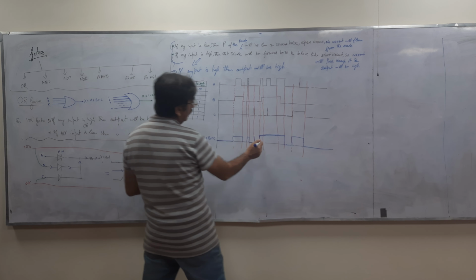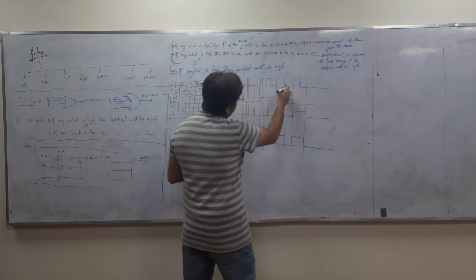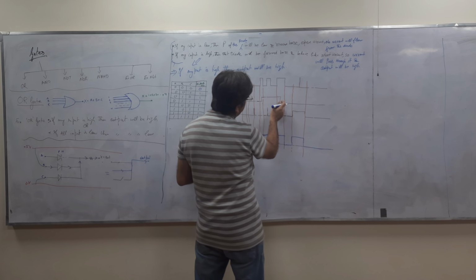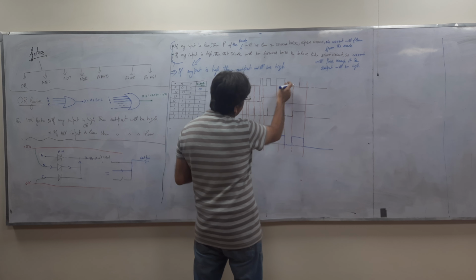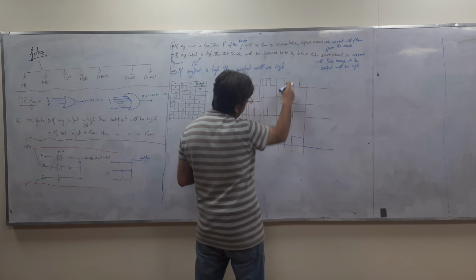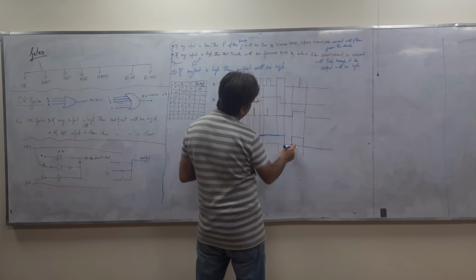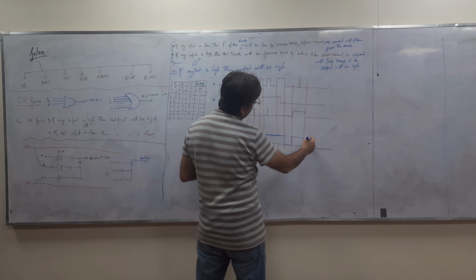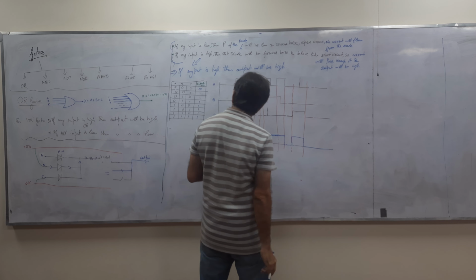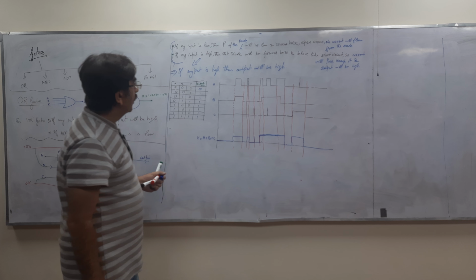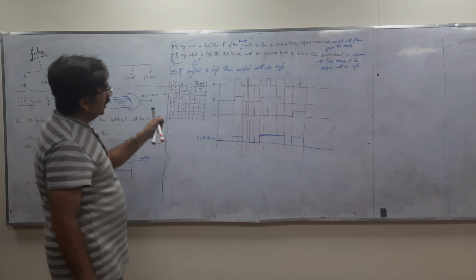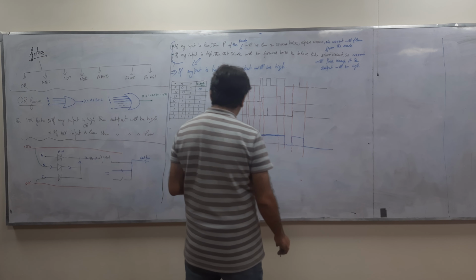Why does it become 0 here, but this starts to be positive, so that is why that is 1. At this point this was 1 and this one was 0, but because any one is 1, the output will be 1 for our OR gate. So, this is all about the OR gate.